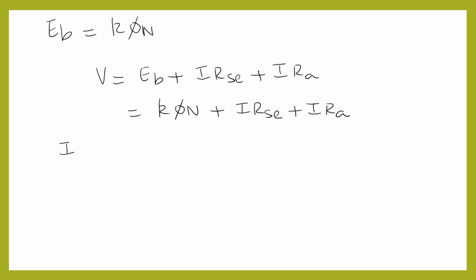Also, the drop I RSC plus I RA is about 10% of the applied voltage. Therefore, we can say that EB is practically equal to V.